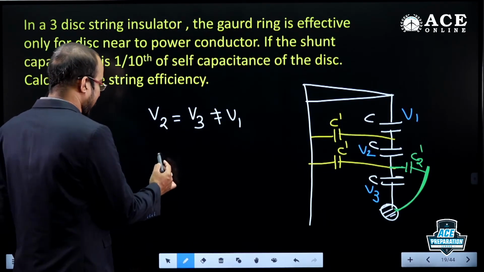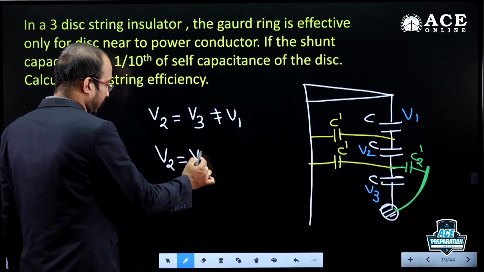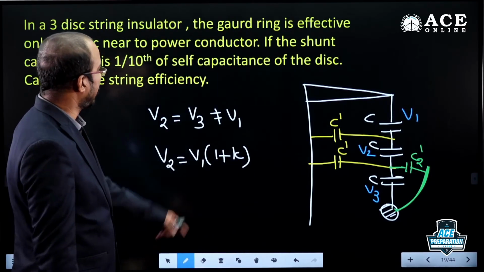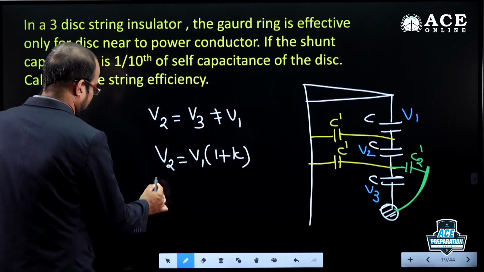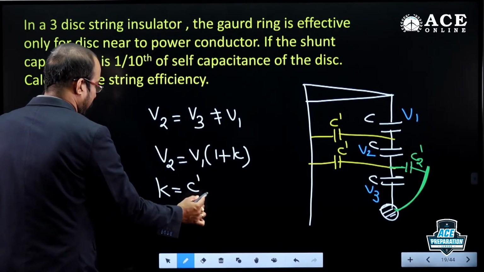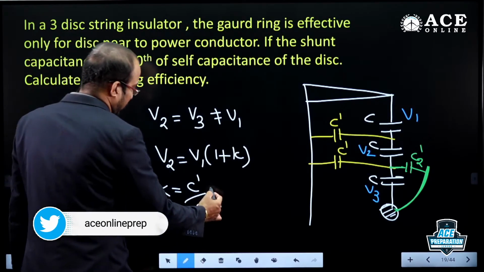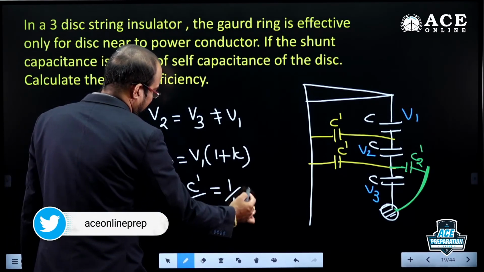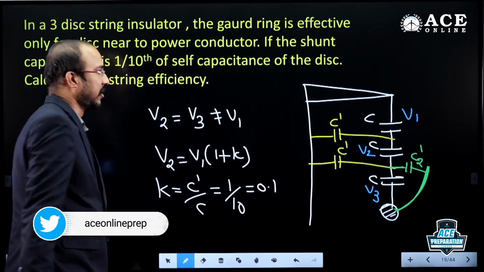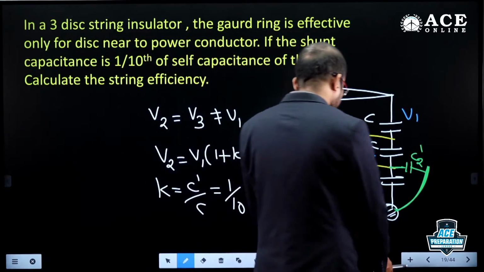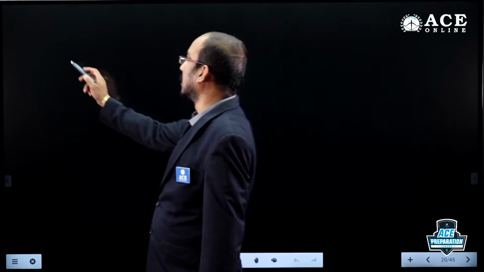So we can establish the relation V2 is equal to V1 into (1 plus K). K value is given as what? K is C dash by C. The shunt capacitance is 1/10 of the self capacitance, that is 0.1. Now can we calculate the string efficiency or not? Yes, we can.